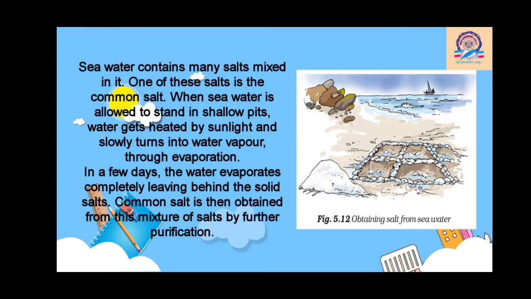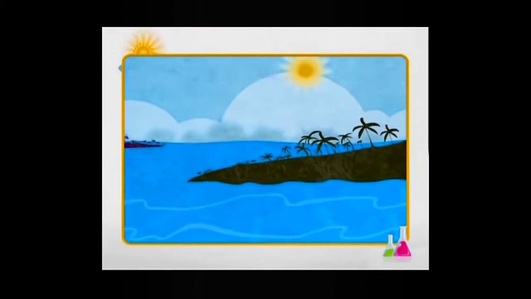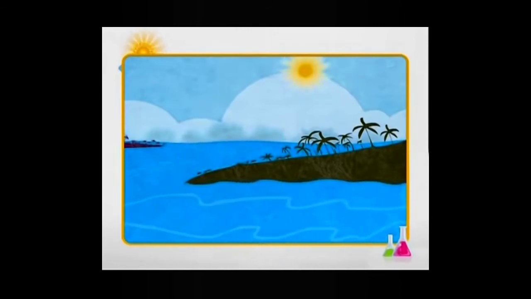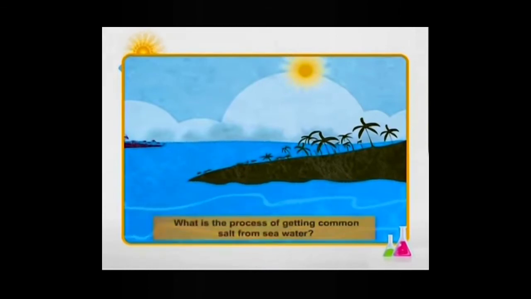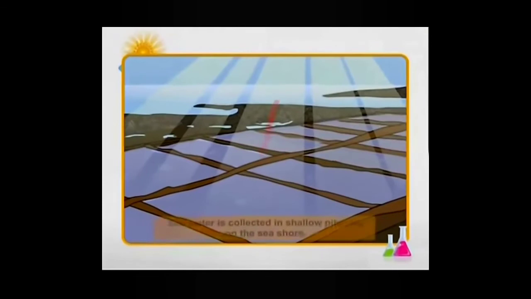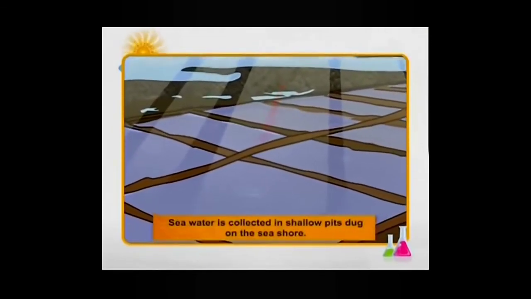To understand it better, I have created one animated video for this process. Let's see it. As we have discussed earlier, seawater contains many salts. So the question is how to collect this salt, or what is the process of getting common salt. For that, we have to collect seawater in shallow pits along the seashore.